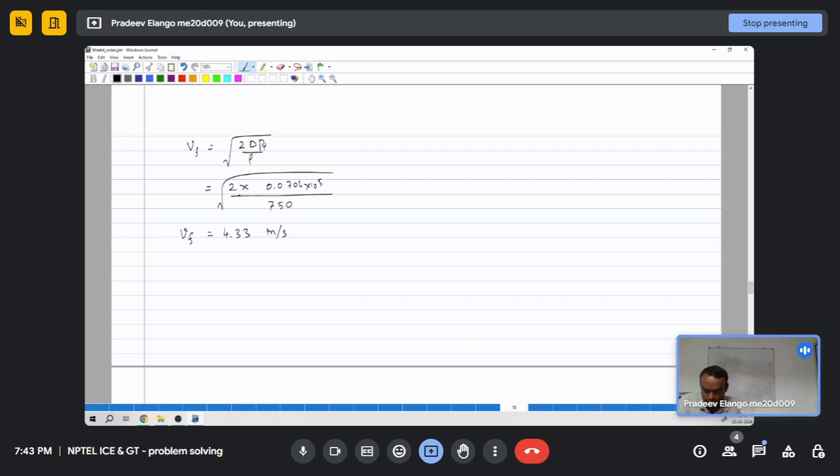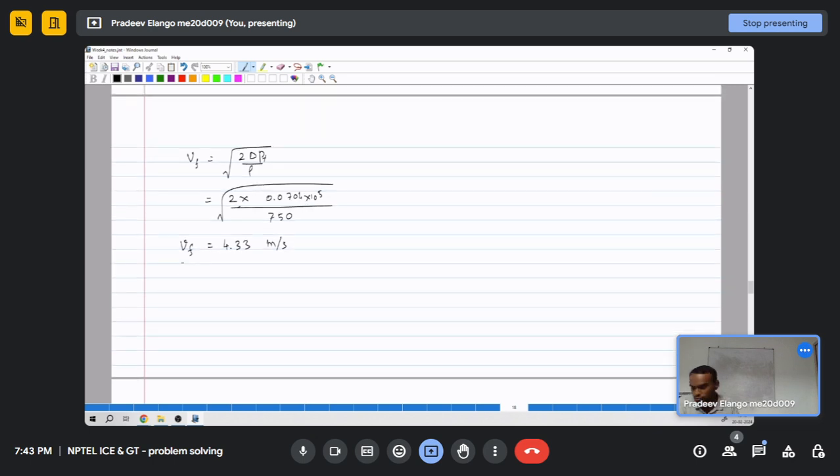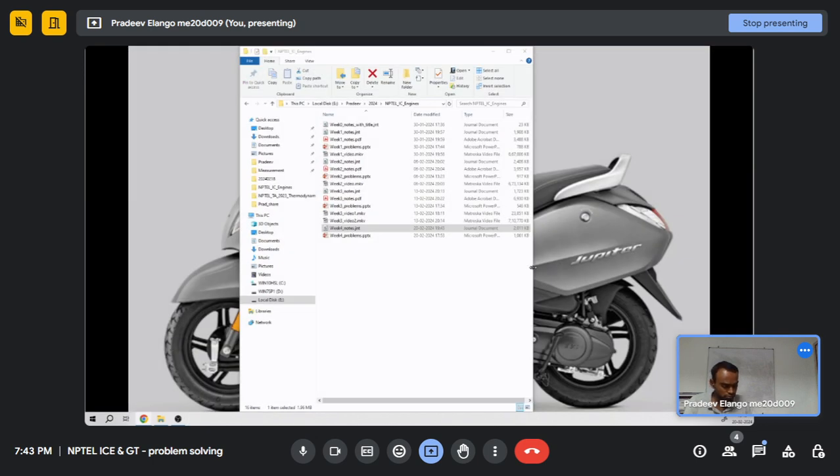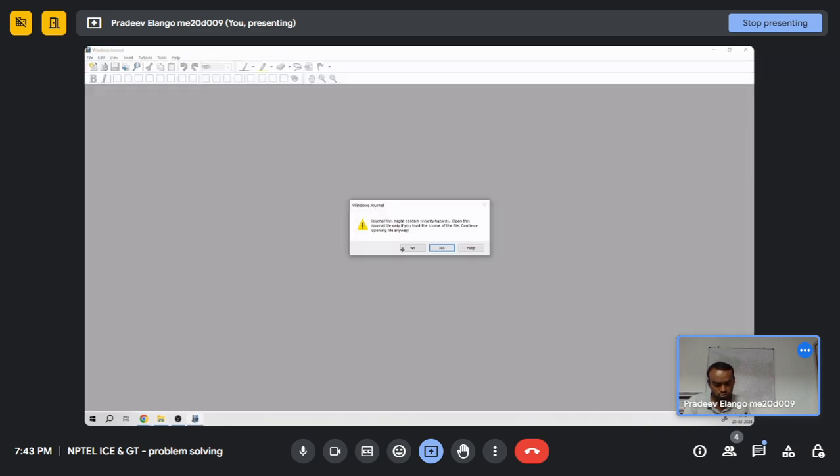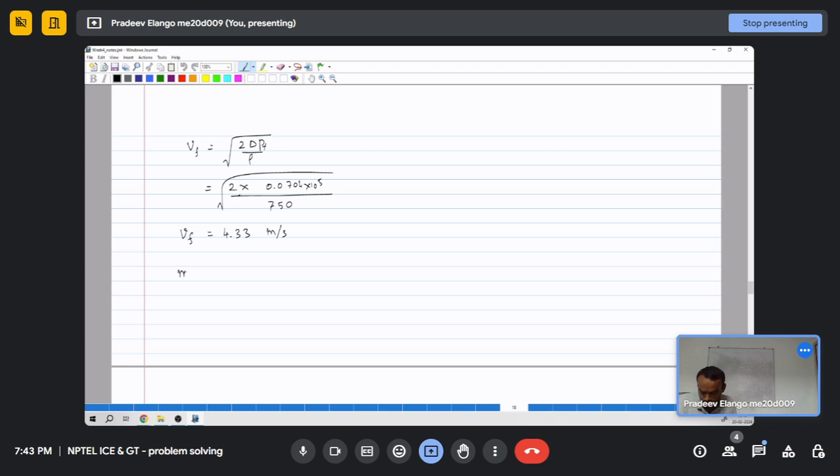Now we got the velocity of the fuel, and to find the orifice, m dot f equals the coefficient of discharge of the orifice into rho a v of the fuel. m dot f is given as 0.5 by 60.